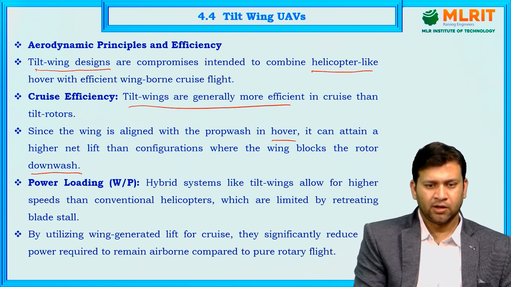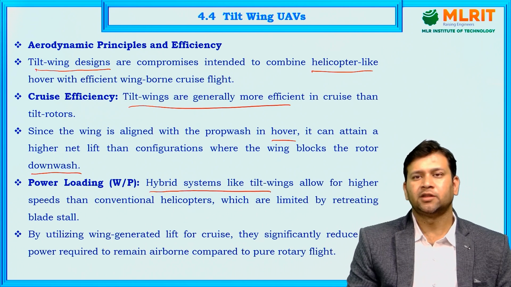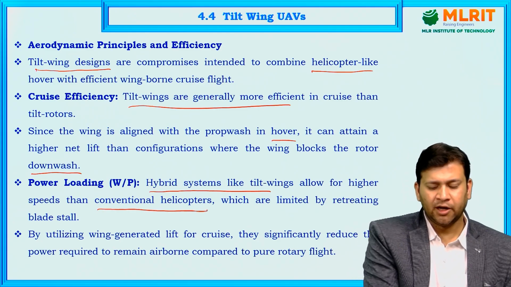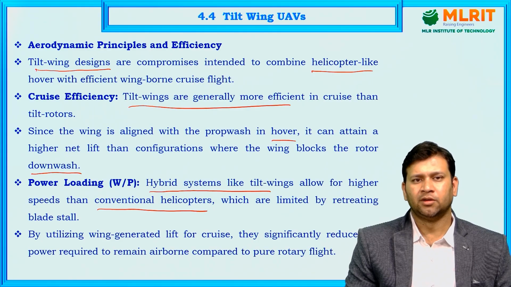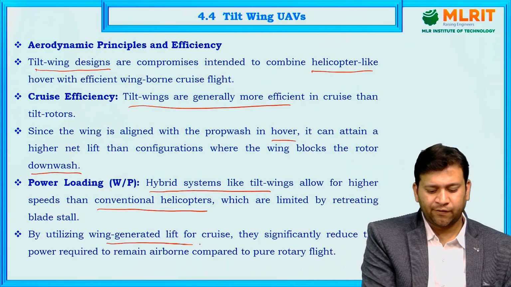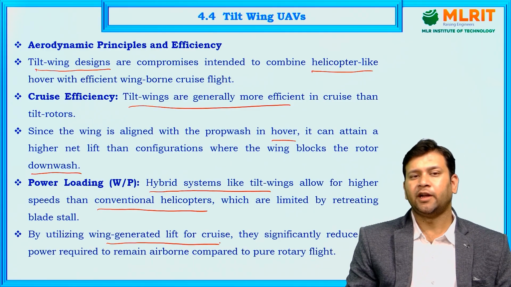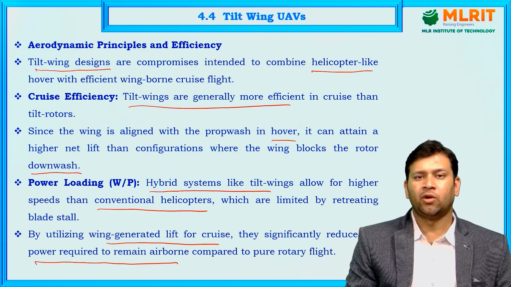Power loading: hybrid systems like tilt wings allow for higher speeds than conventional helicopters, which are limited by retreating blade stall. By utilizing wing-generated lift for cruise, they significantly reduce the power required to remain airborne compared to pure rotary flight.